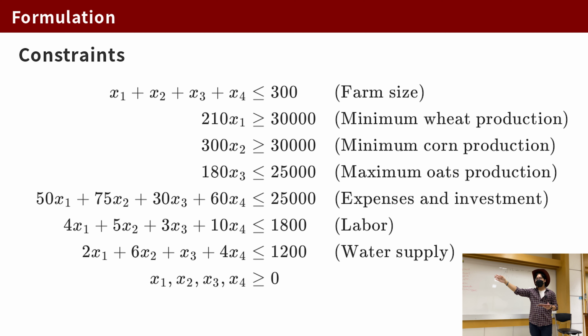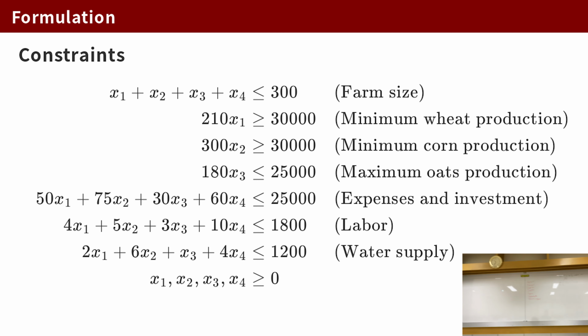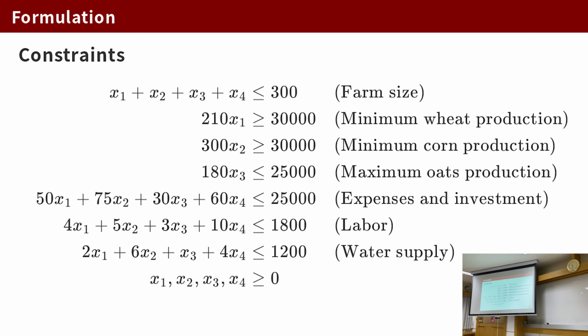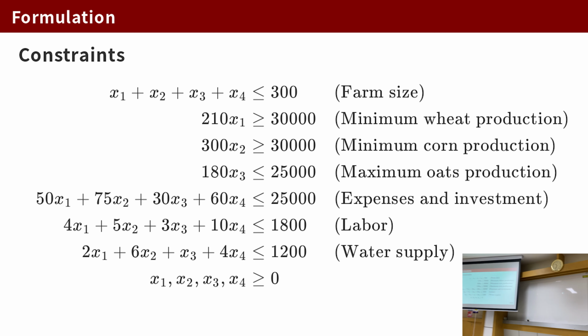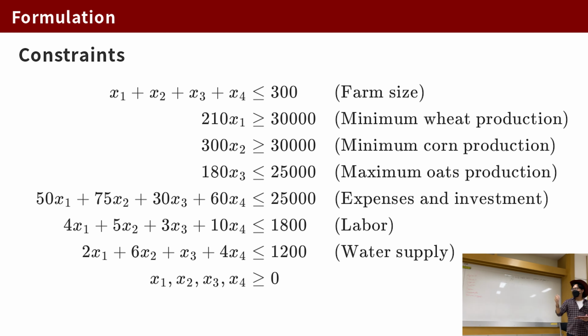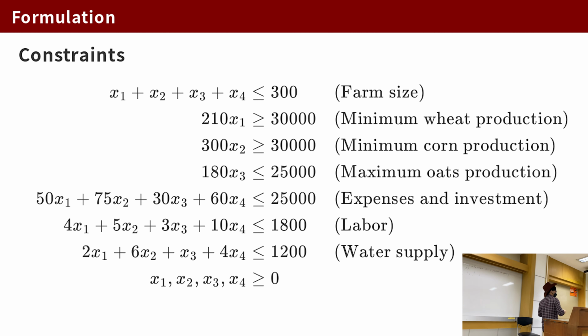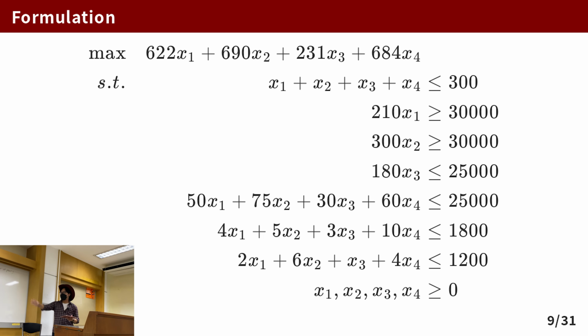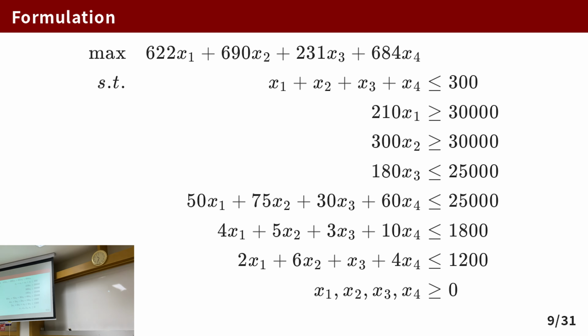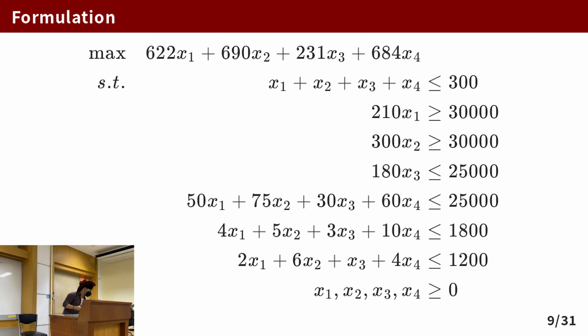So labor is, because he's willing to work up to 12 hours in 150 days, so that's why it's 1,800, not something else. And the last thing is the water supply, which is also from the table. And obviously, because we can't have negative land, the decision variables have a non-negativity constraint. And putting everything together, we're going to end up with this full formulation. And we'll never come back to this ever again.